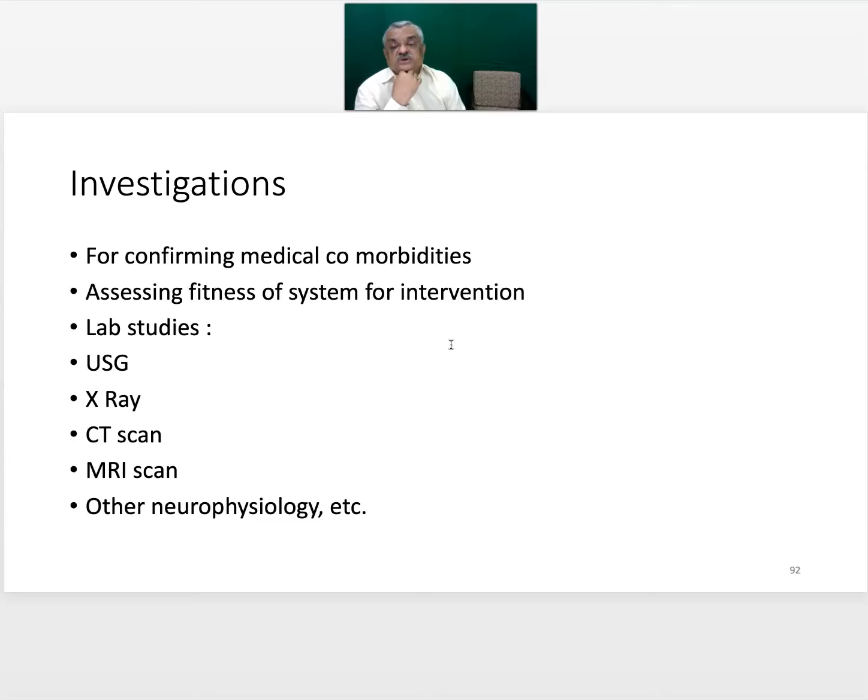In all patients above 65, we do an X-ray, a CT scan, an MRI scan. We also do neurophysiological studies to know the nerve conduction velocity and whether the motor nerves or the sensory nerves are affected and what the status is before, so that we can know what the status is after we have intervened.